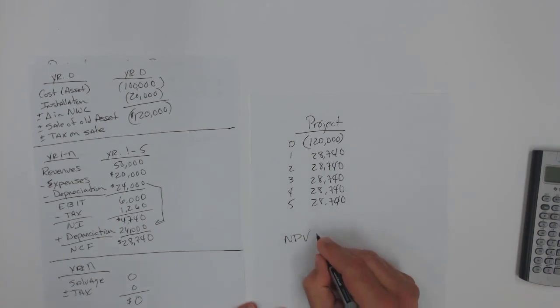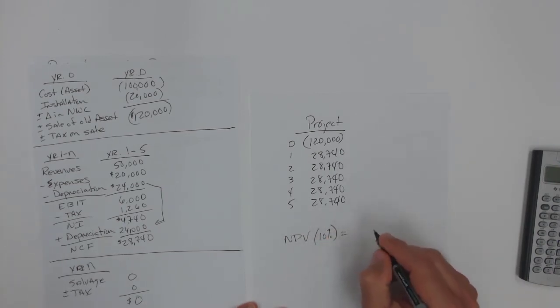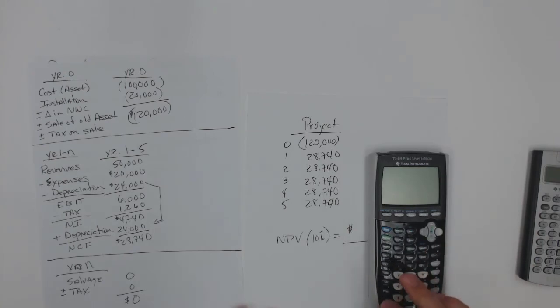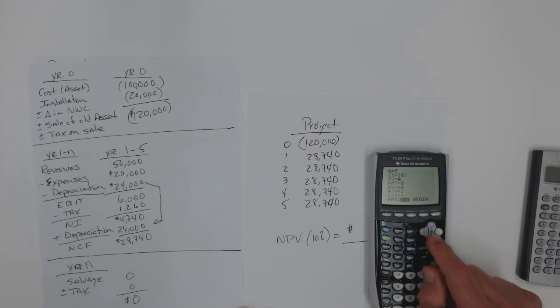Let's say the cost of capital is 10%. What is the net present value? We would put in 5 N, the I is 10, the present value is what we're calculating, the payment is $28,740, the future value is 0.